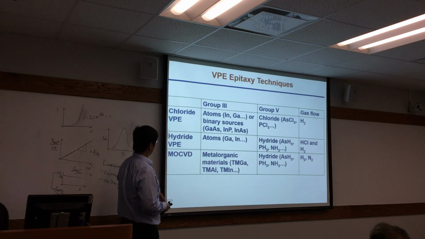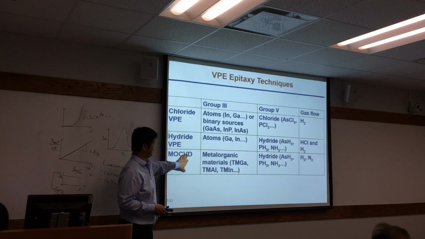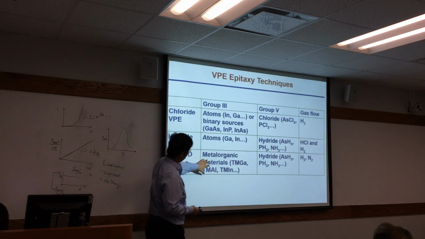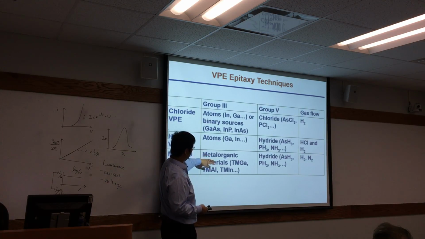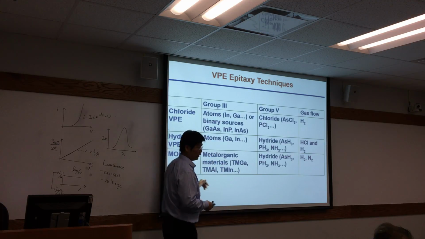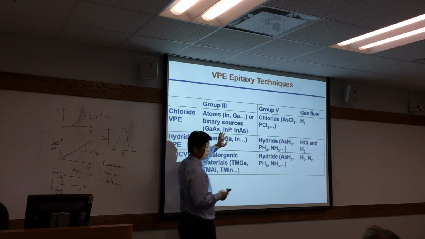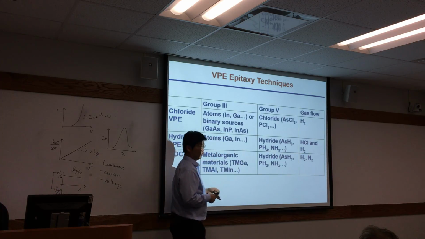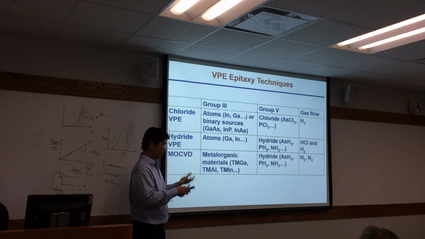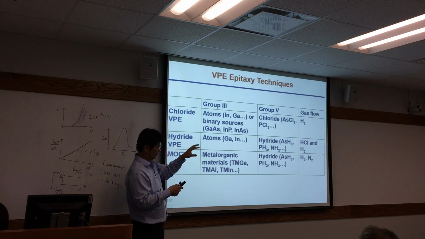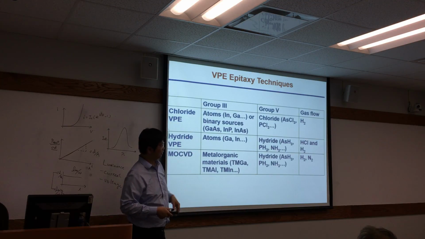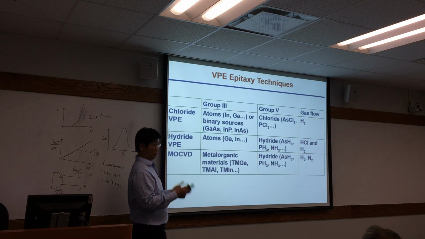And the difference with MOCVD is they use the metal organic material for group 3. Before, we used the atom, because for group 3, indium, gallium, aluminum, they are metals. So we can melt them and they become vapor, and deposit on your structure, but you need a high temperature.